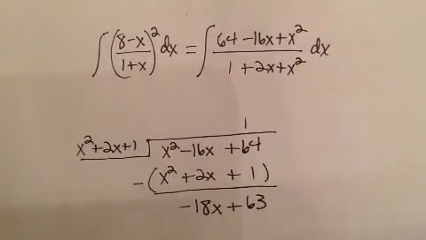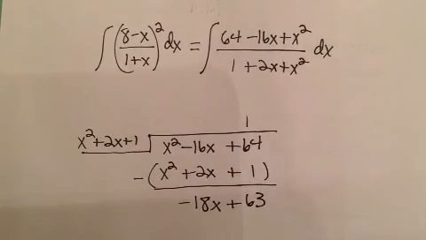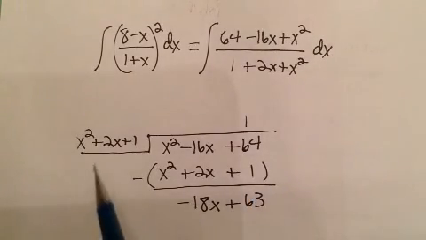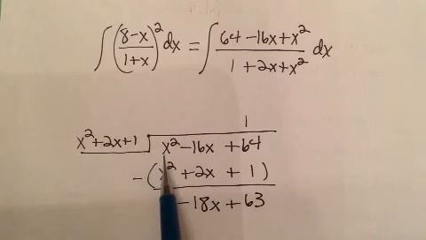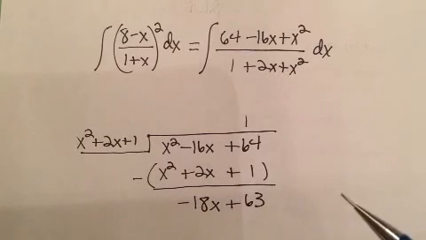We take x squared plus 2x plus 1 into x squared minus 16x plus 64, arranging both numerator and denominator in descending degree order. x squared into x squared is 1; multiplying and deducting the product from the numerator, we have negative 16 minus 2x, which is negative 18x, and 64 minus 1 is 63. So the quotient is 1, and the remainder is negative 18x plus 63, which is the numerator over the square of x plus 1.